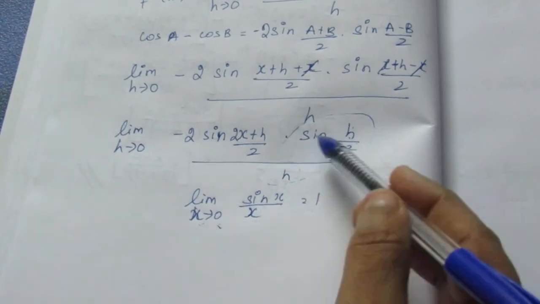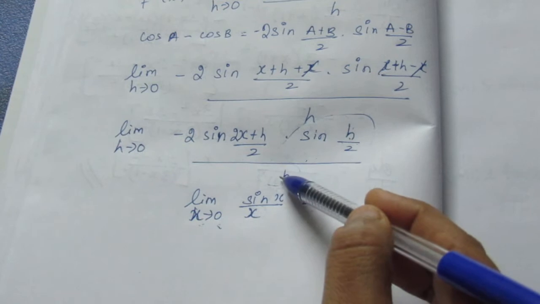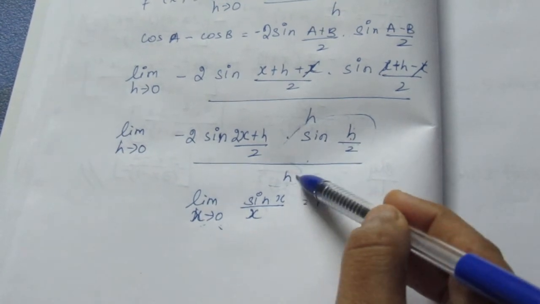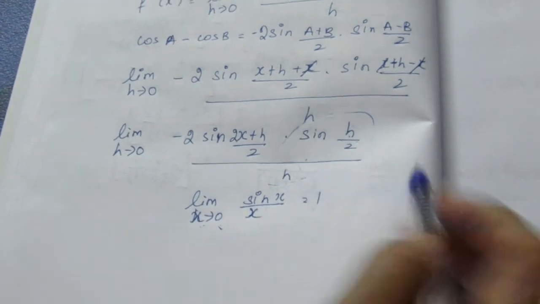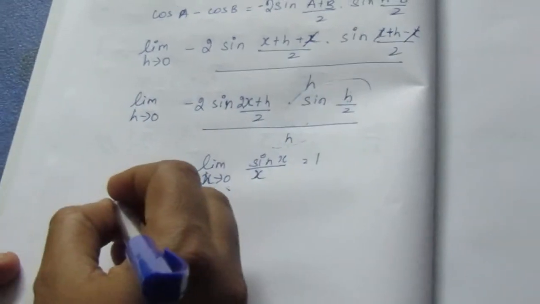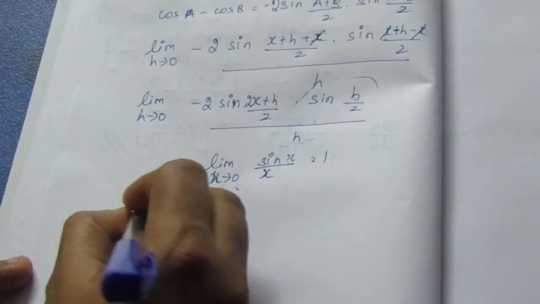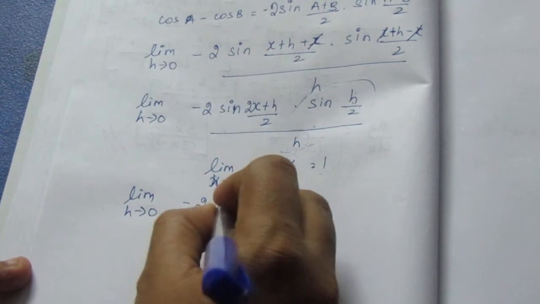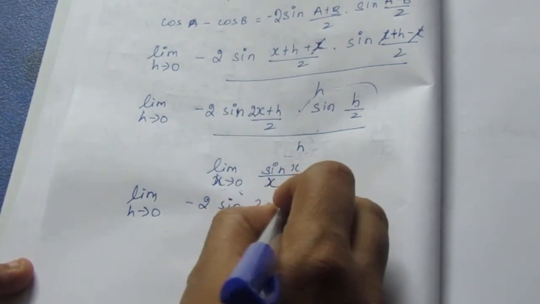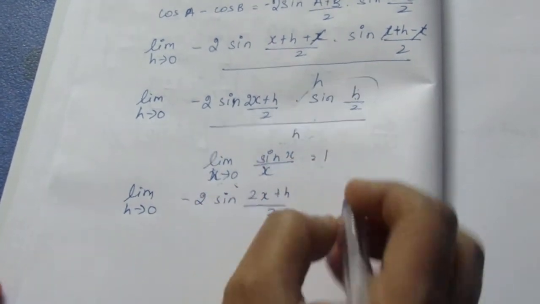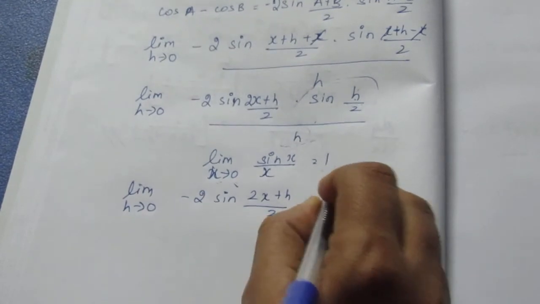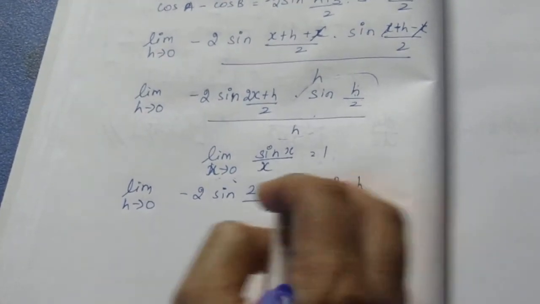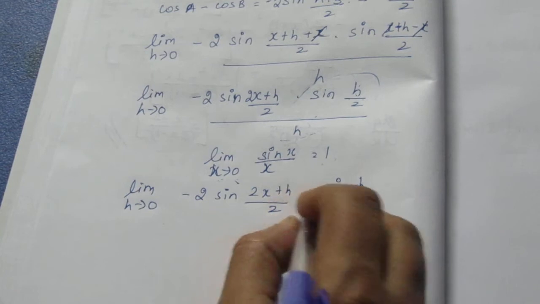In that case, I am multiplying and dividing with 2. We have no right to change the question. Let me write everything: 2x plus h by 2 into sin h by 2 by, the denominator you can put anywhere.